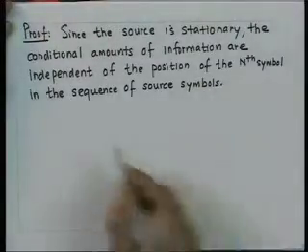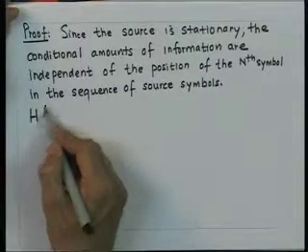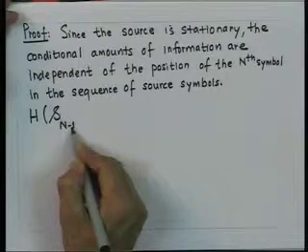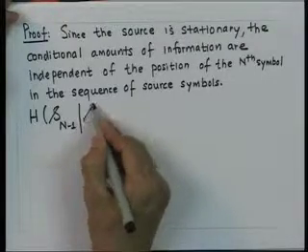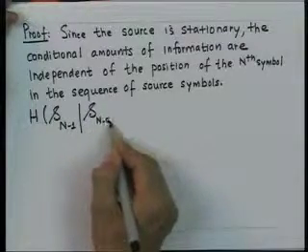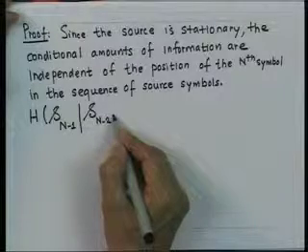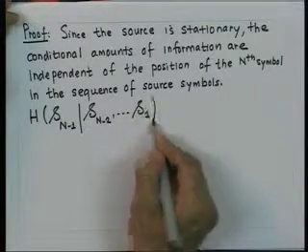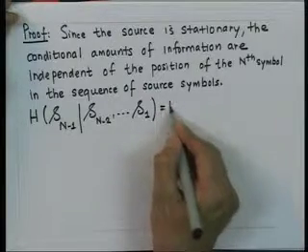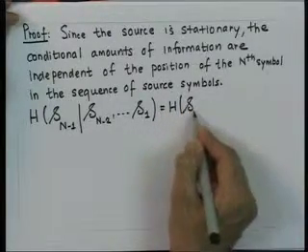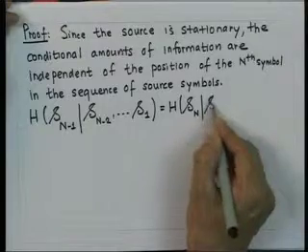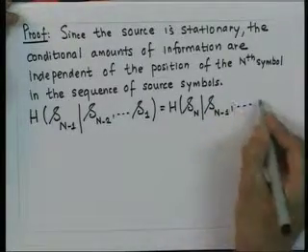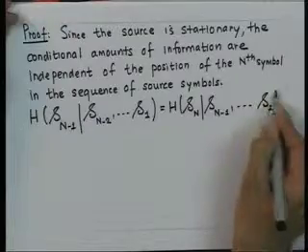So what it means is that H of Sn minus 1 given Sn minus 2 up to S1 is equal to H of Sn given Sn minus 1 up to S2.